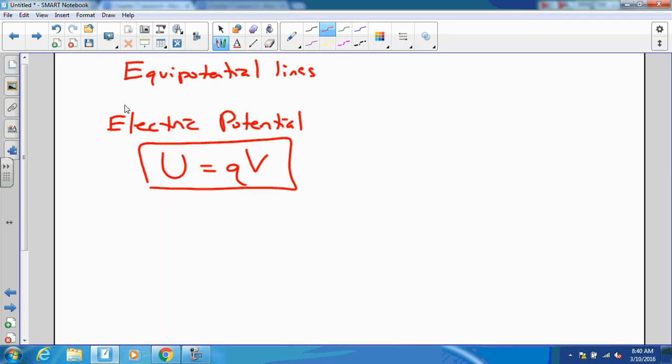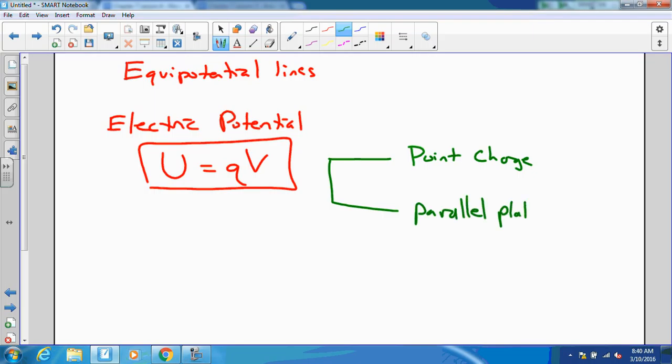Now, out of this comes a lot of different equations. If I'm considering our two particular situations that we talked about, a point charge, and we also talked about parallel plates. In the case of point charge, we had to do some calculus, and so I waved my hands and said calculus, calculus.